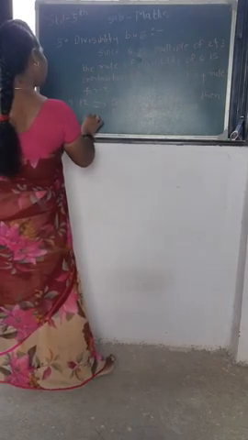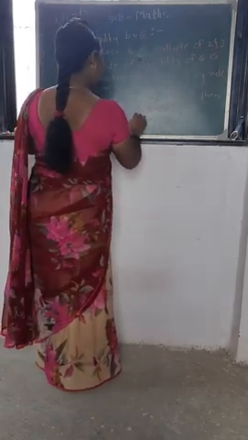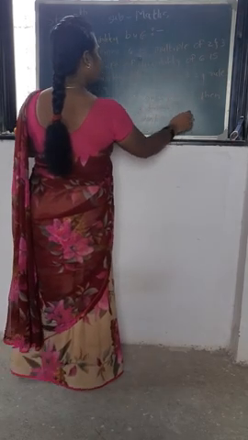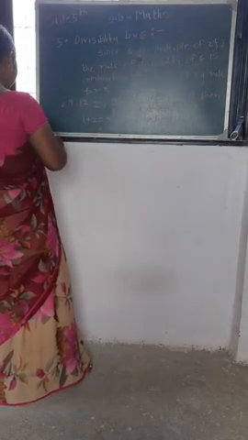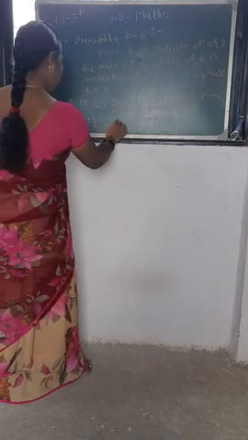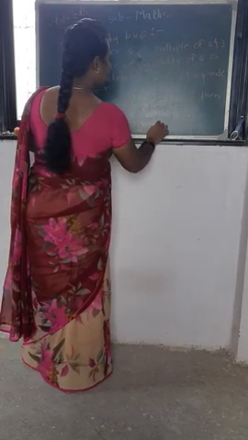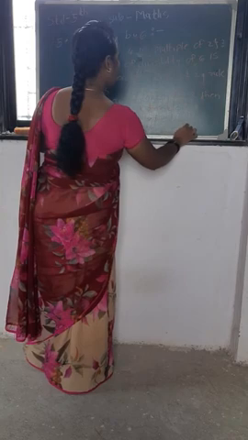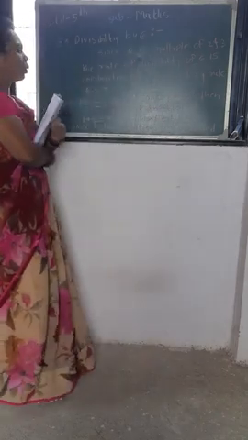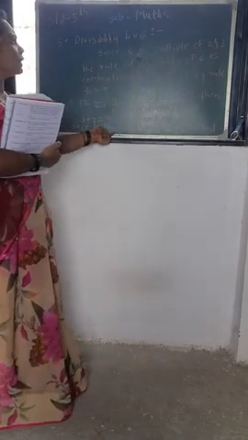Then the sum of its digits, 1 plus 2, is 3. 3 is divisible by 3. Therefore, since both conditions are satisfied, it is divisible by 2 and by 3, so it is divisible by 6.